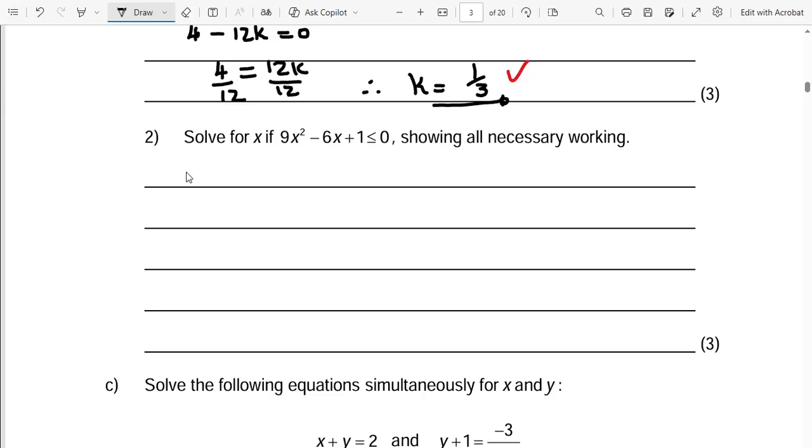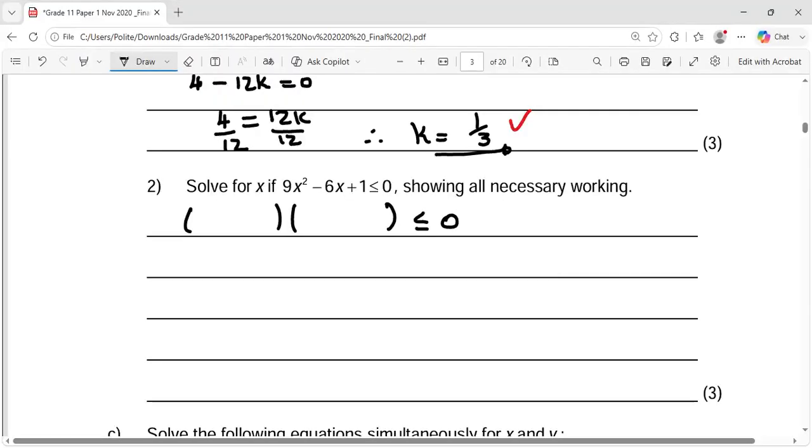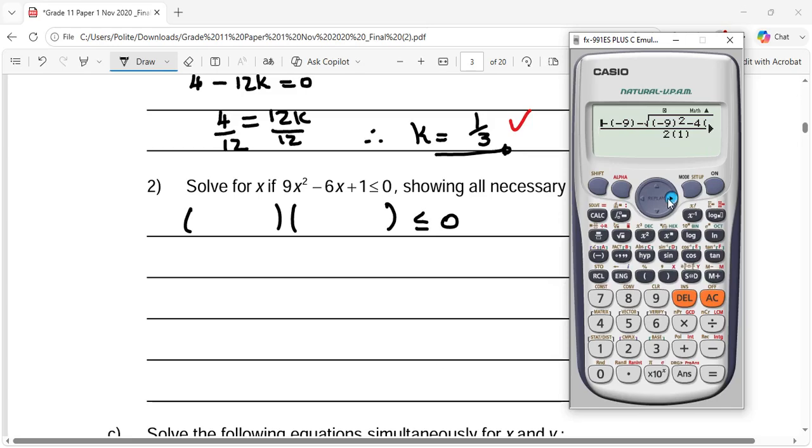Okay, so when you factorize this, let me just quickly show you, guys, let's do it the quadratic way. This is less than or equal to 0. We can definitely do it using the quadratic formula. So what is your b? That's minus 6.